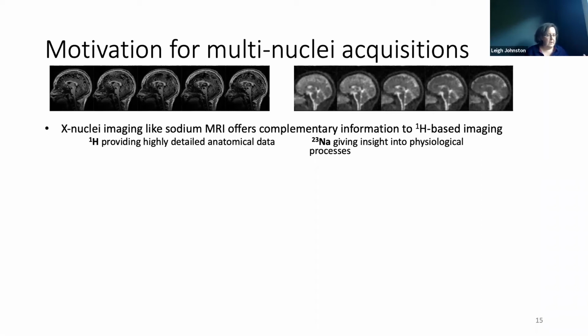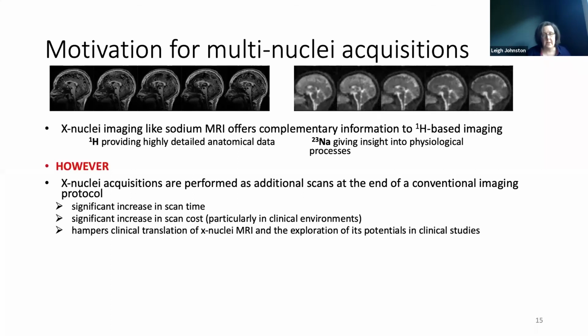Whereas the proton images give you precise anatomical information, sodium is linked to physiological processes in a complementary and distinct way to what the water, the hydrogen, is. So the hope is not that we're going to get the absolute beautiful anatomic information. What we're looking at is information about cell integrity, cell viability, for example. We want to know about differences between intracellular sodium versus extracellular sodium.